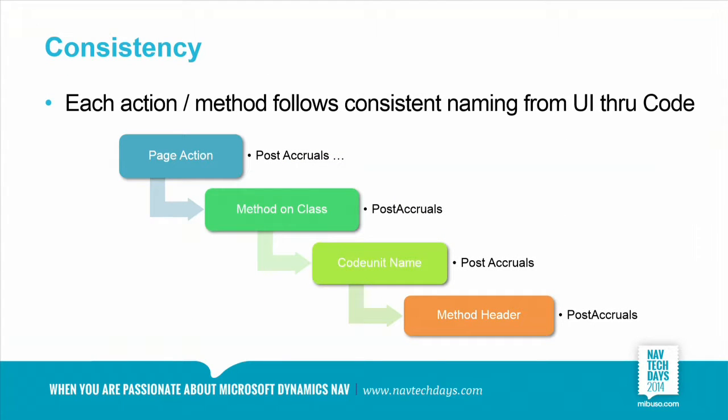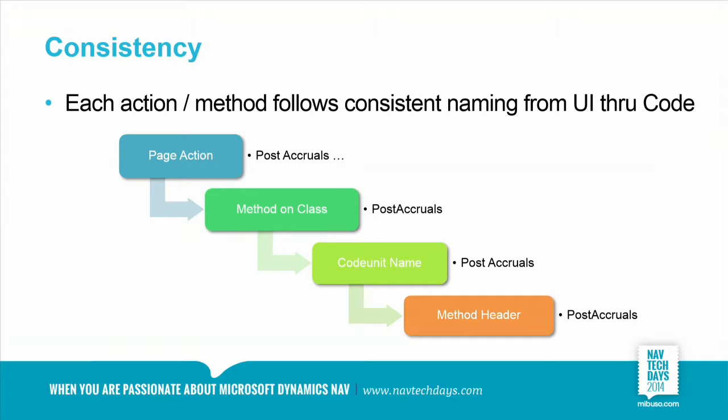That's consistency as seen in naming. There is a functionality that we've written, and I'm by design taking functionality that is not part of the NAV standard, but of an add-on that we've developed. We have a functionality that posts accruals automatically. So we have a page action called Post Accruals, ellipsis.